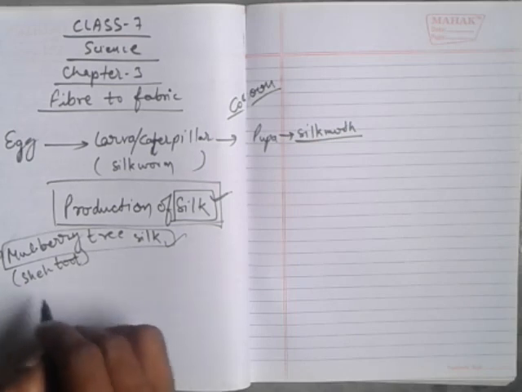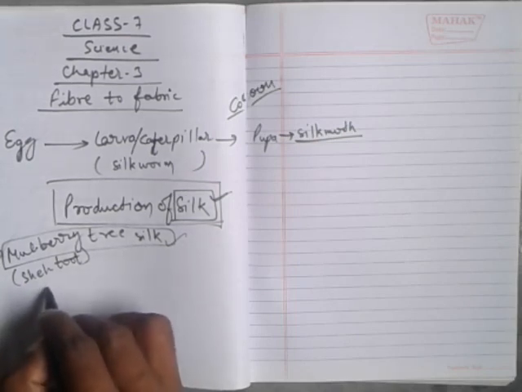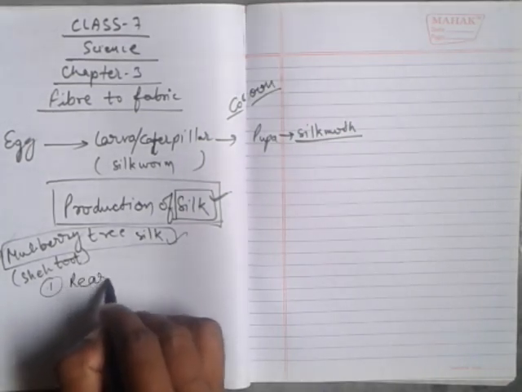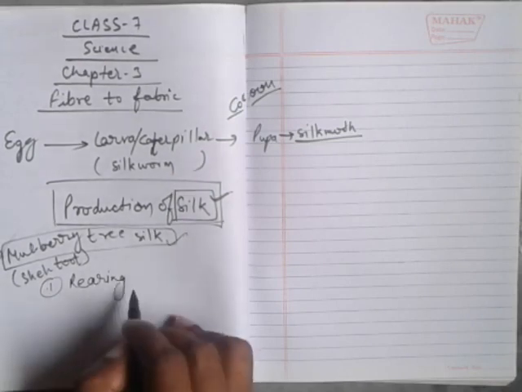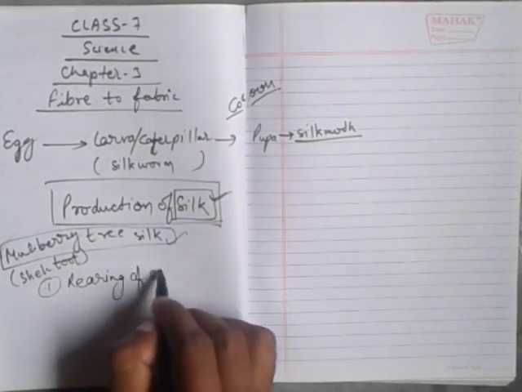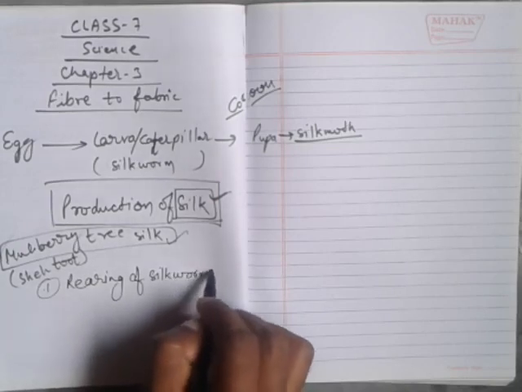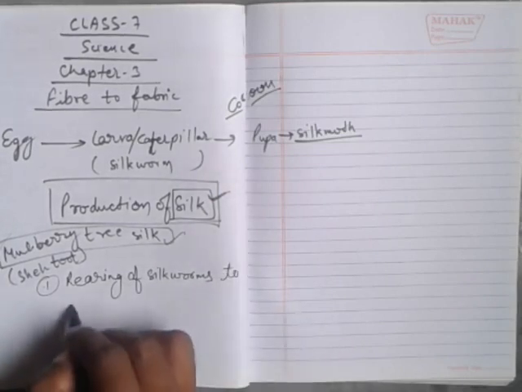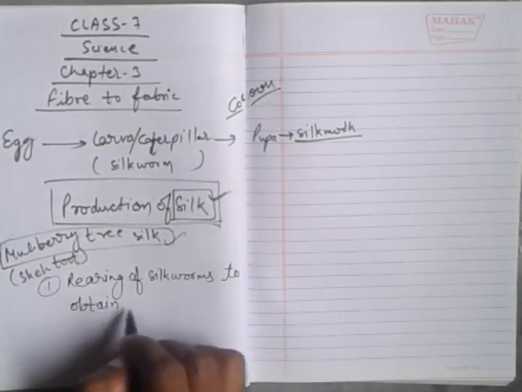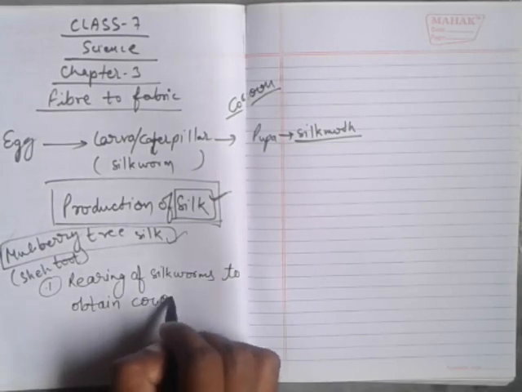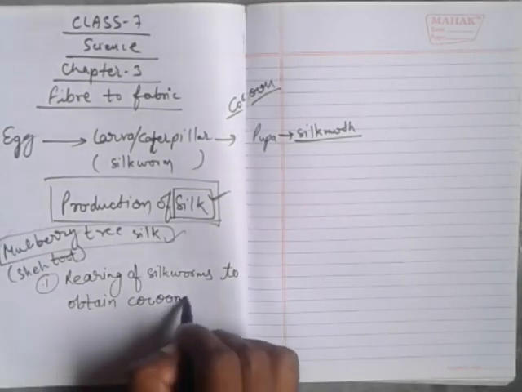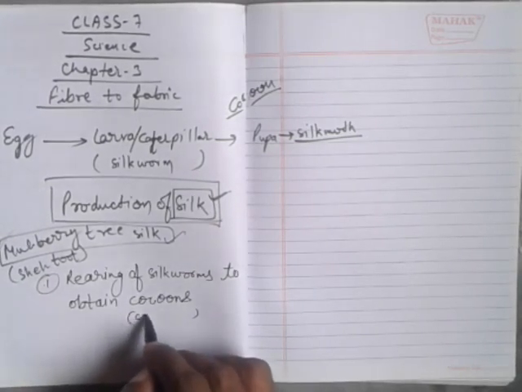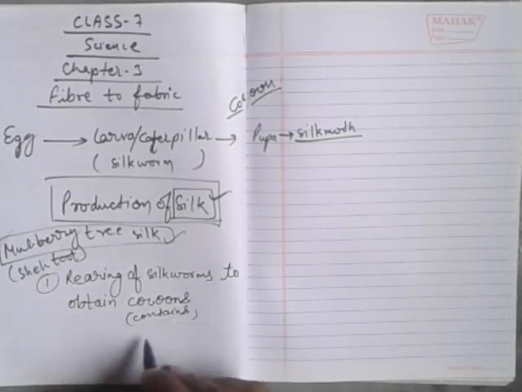First of all, we have to do rearing of silkworm to obtain cocoon, because the cocoon contains silk fiber.